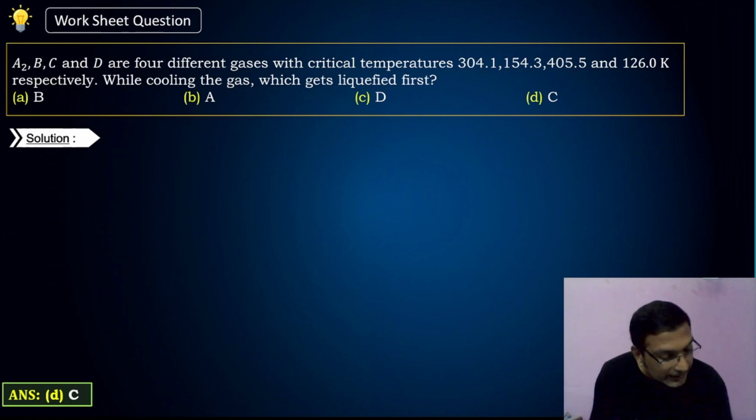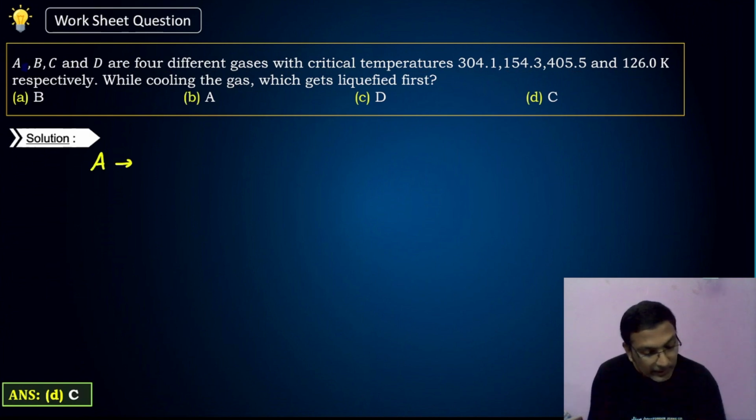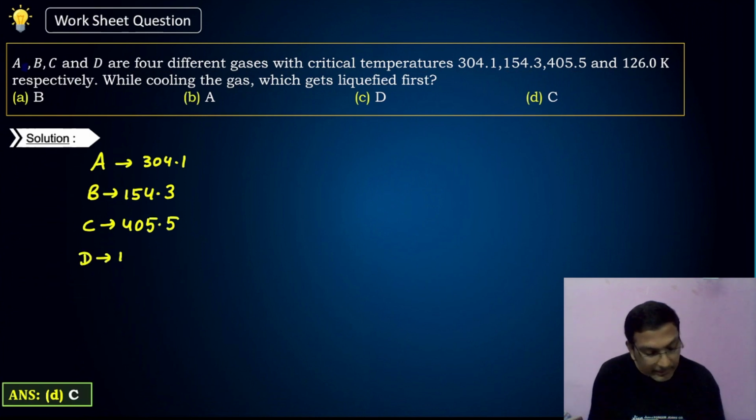You no need to take A2, just A. A, B, C, D. So for A gas, critical temperature 304.1. For B gas, 154.3. For C, 405.5. For D gas, 126 kelvins. These are critical temperatures.